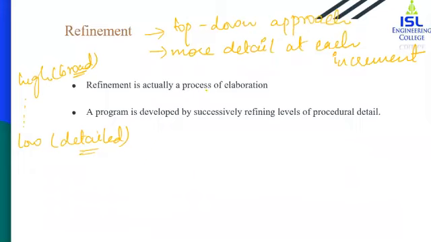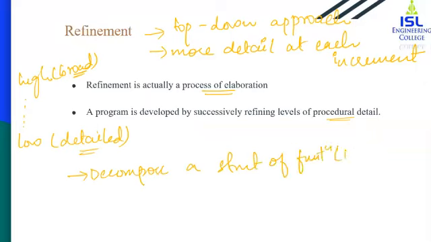Now refinement is a process of elaboration. Elaboration means first you define a particular solution in broad terms, then you give more and more detail. A program is developed by successively defining it into procedural details. What are these procedural details? It means that you're going to decompose a statement of function.